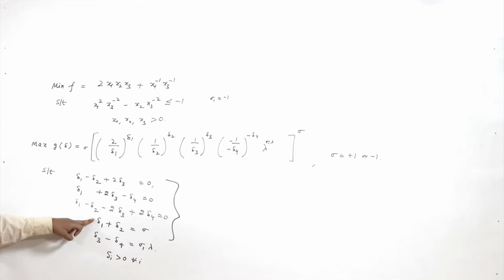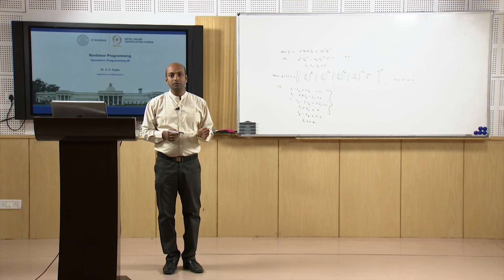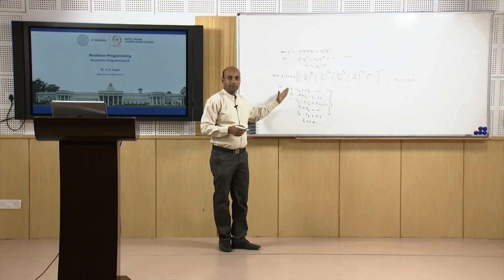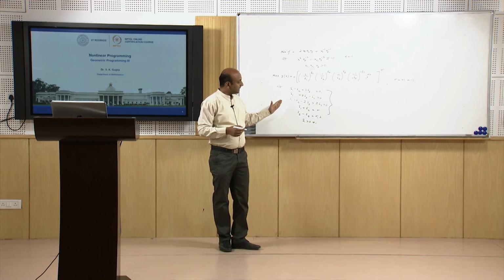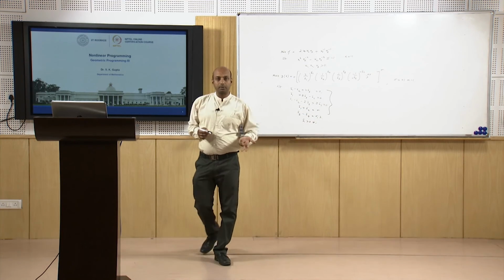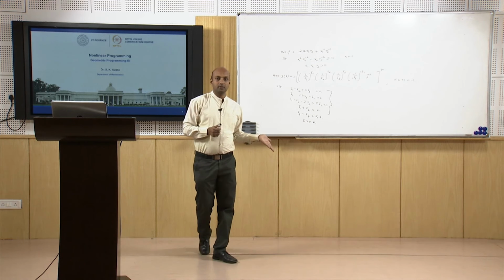So, solving these, first you take rho as suppose plus 1, you find the values of deltas. If all deltas come out to be positive, that means you are getting the solution. If deltas come out to be negative, some or all, then we take rho as minus 1 and again solve the system of equations.